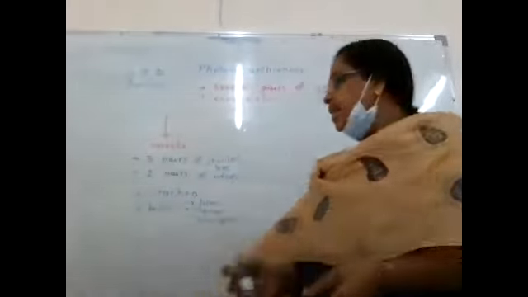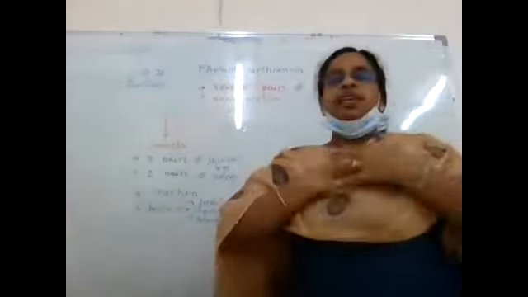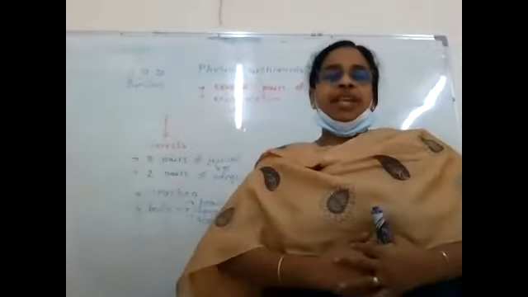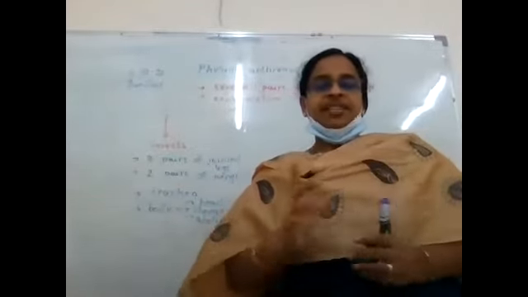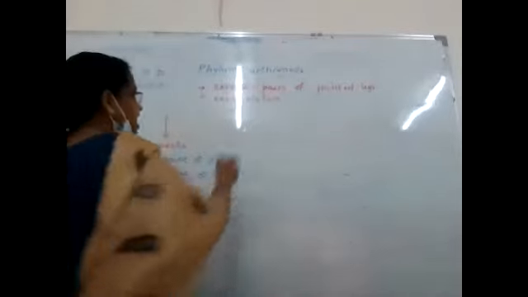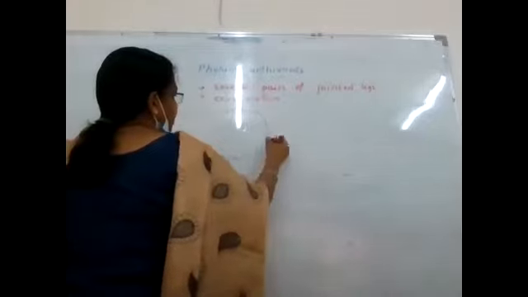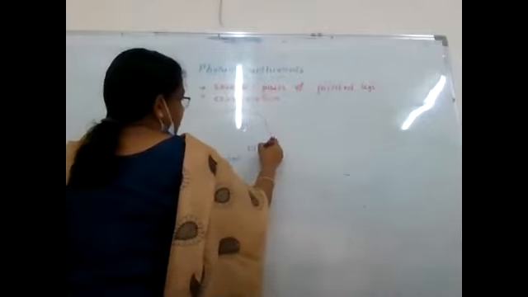Okay. Then the body is divided into 3 parts: head, thorax, and abdomen. Is it clear? Yes. Okay. Now, the next group is crustaceans. This is the second group.